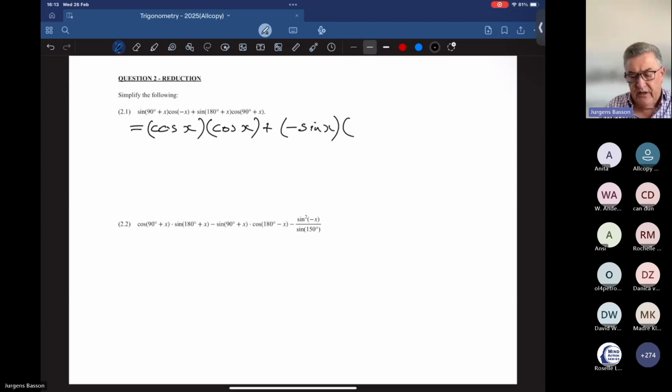Ladies and gentlemen, that is the reason why I selected this question to discuss with you today. Cos of 90 plus is in the second quadrant. And cos in the second quadrant is negative. It is a very common mistake.